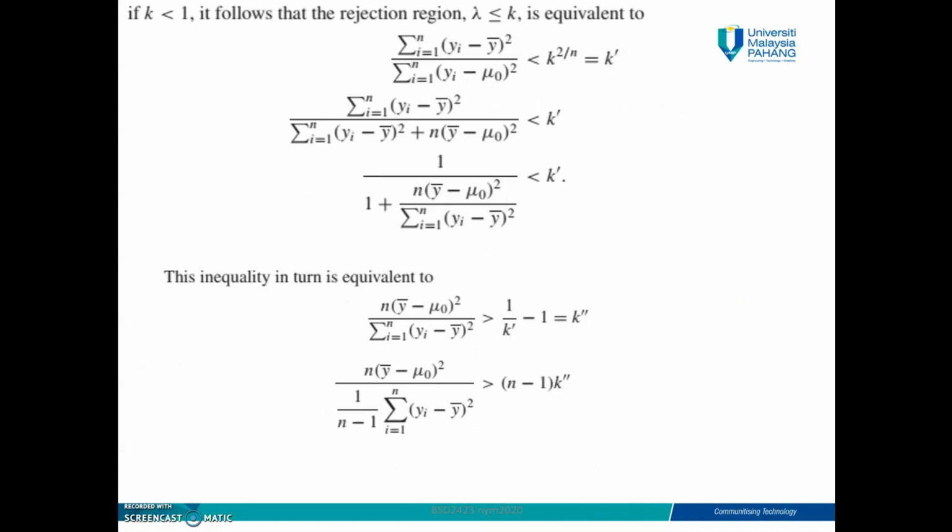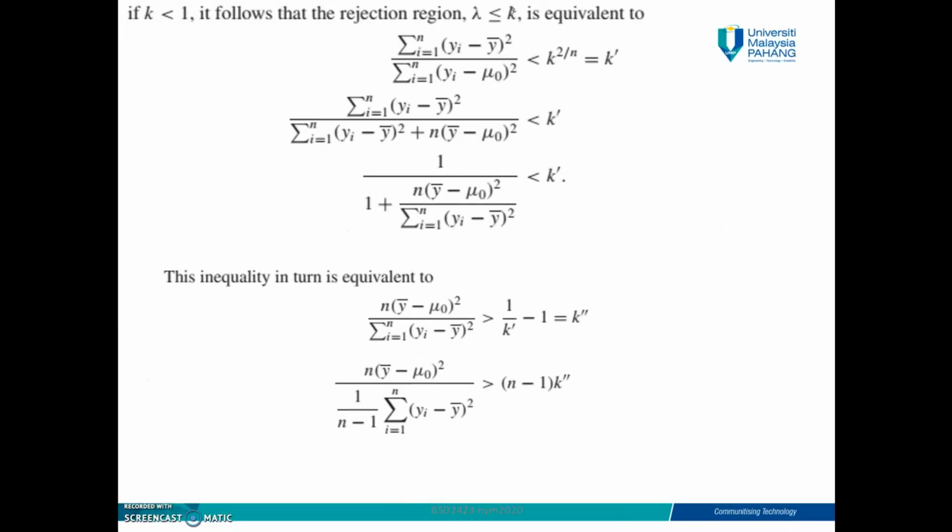So if k is less than 1, it follows that the rejection region, lambda less than k, is equivalent to this equation. Do you remember this one you did for the Neyman-Pearson lemma? So you have lambda less than k, to the power 2 over n.